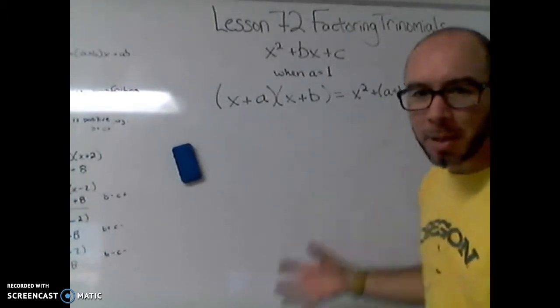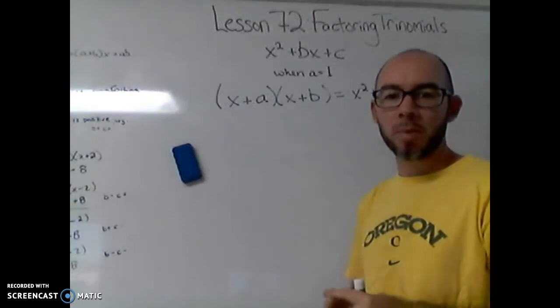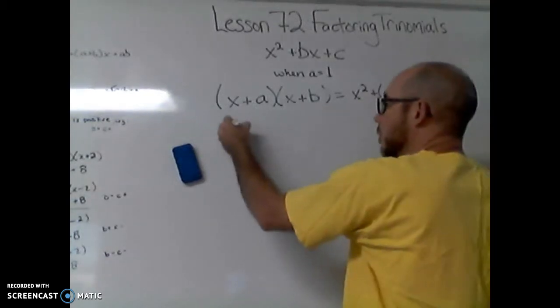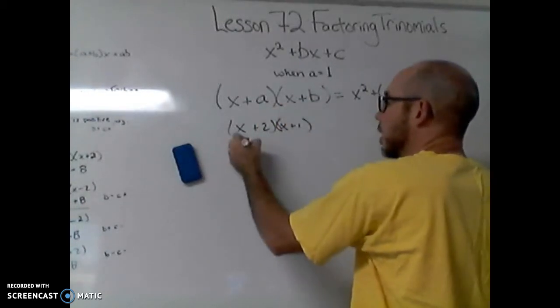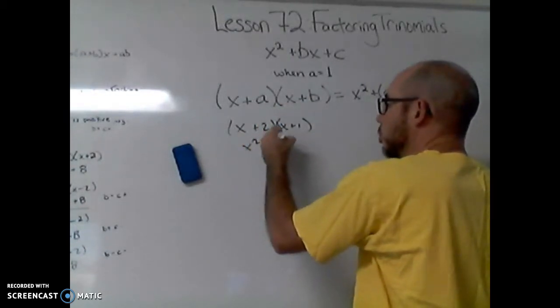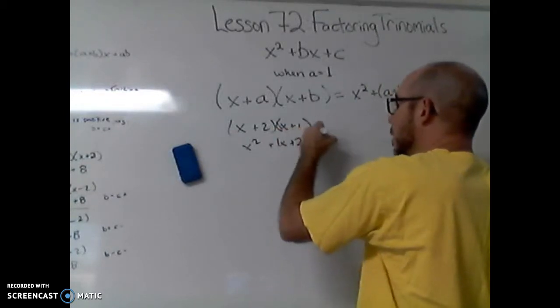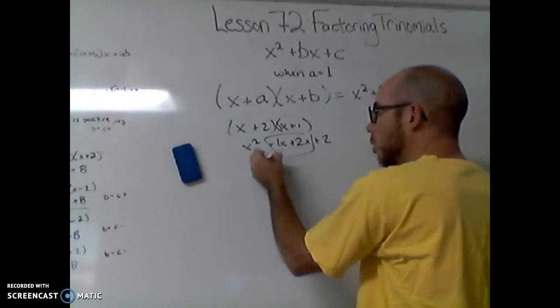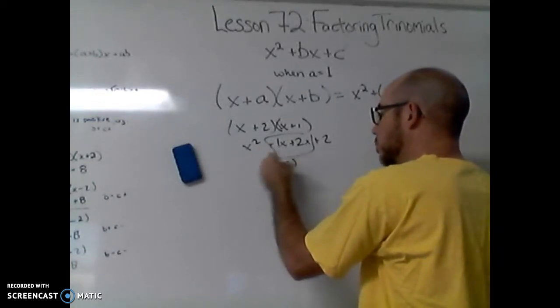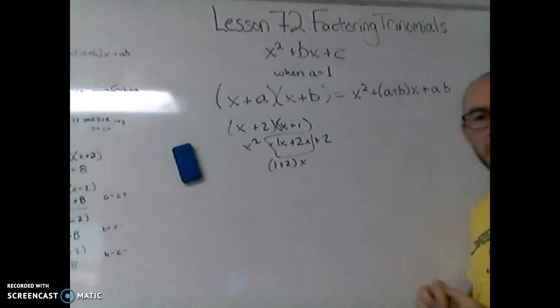We know that we end up combining those middle pieces anyway when we do the FOIL method. For instance, if we had x plus 2 times x plus 1, we get x squared plus 1x plus 2x plus 2, and then we combine those two by going, we've got 1 plus 2x.